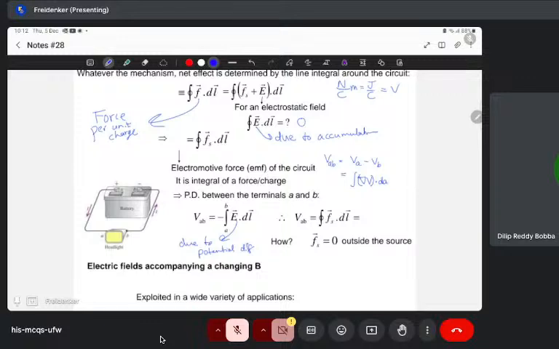Does anyone remember Stokes theorem, or gradient theorem for that matter? Okay, fine. I got the gradient theorem.